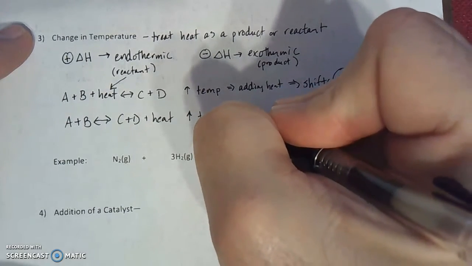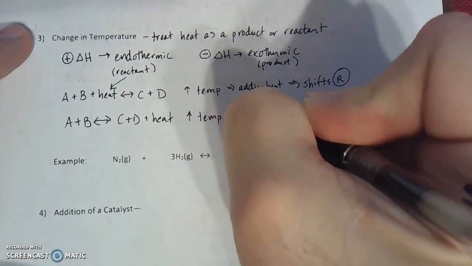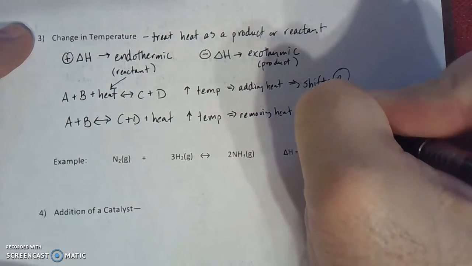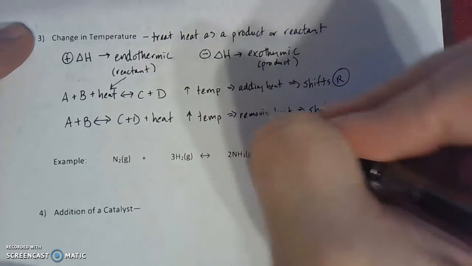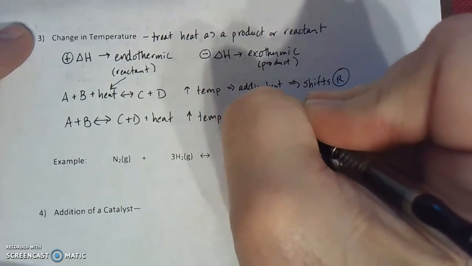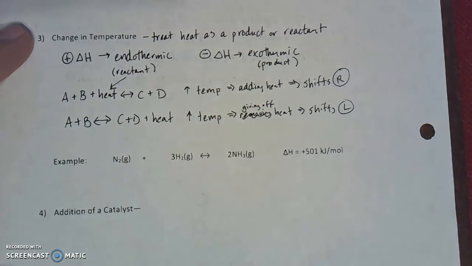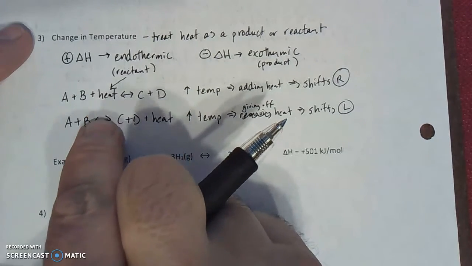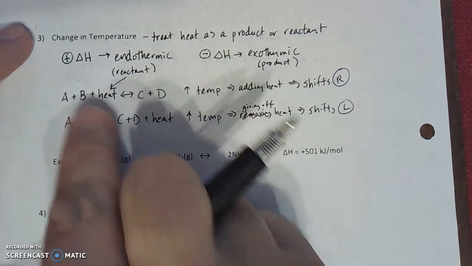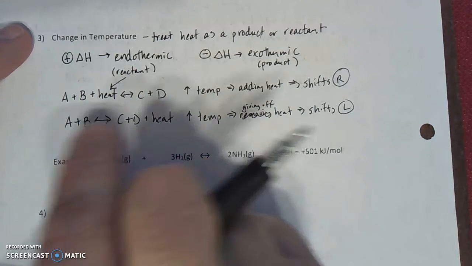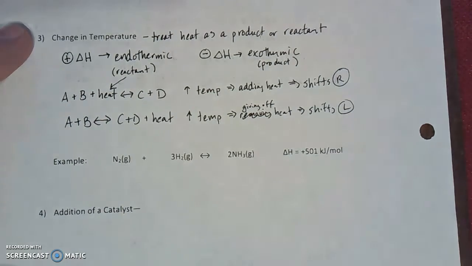So we're removing heat, and it shifts left. Again, if we cool this reaction down, we're removing heat, it's going to shift to the left. This one, if we remove the heat from here, it's going to shift to the right.